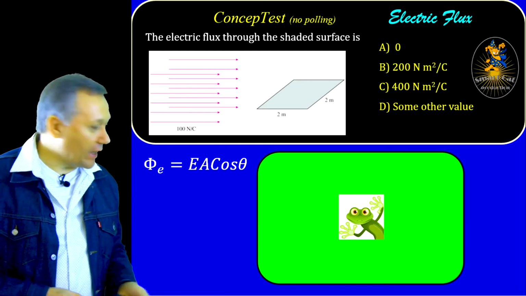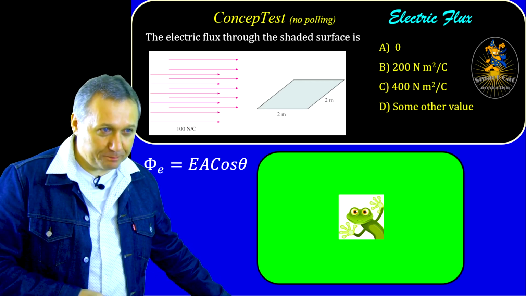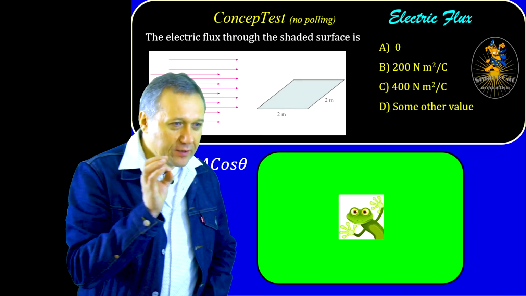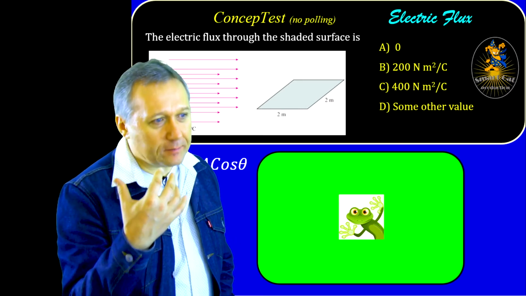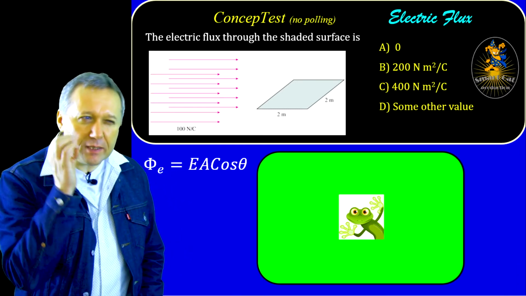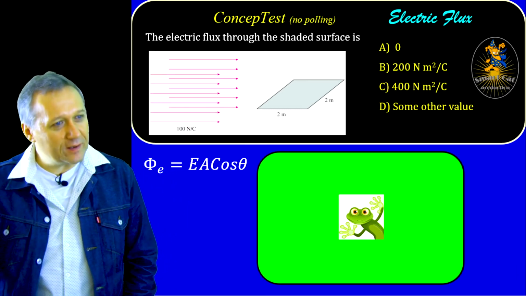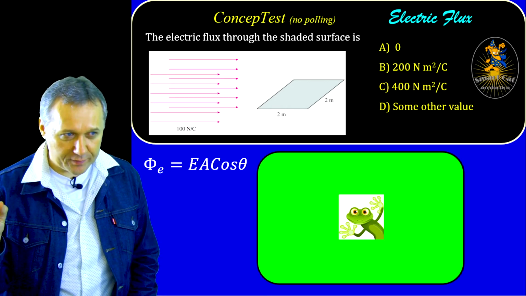Okay, first, I want to discuss it conceptually without getting into numbers. In order to explain the answer, we need to remember the meaning of the electric flux. It's the number of electric field lines crossing a surface.